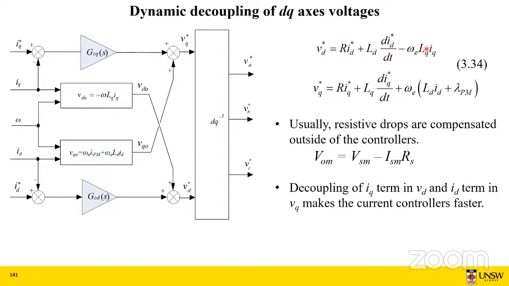And then we add this part outside, and then we get our reference voltage VD-VQ, and then we apply our inverse Park transformation to get the reference VA, VB, VC, which becomes the reference for your PWM, SPWM, or we can convert them to space vector modulation.